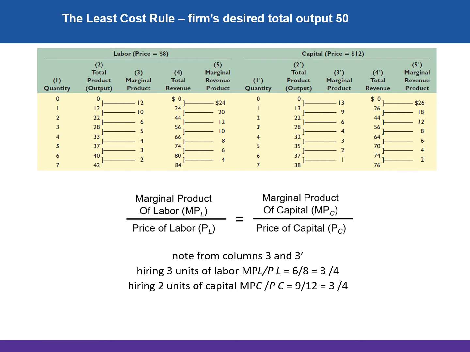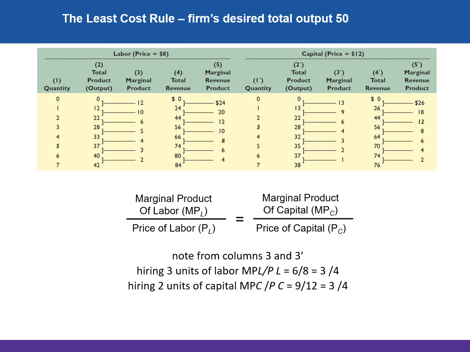This tells us the level of output associated with the labor input and the level of output associated with the capital input respectively. Notice that the firm hires 3 workers, they produce 28 units of output. And if the firm hires 2 capital, the 2 capital yields an additional 22 units of output. 28 plus 22 equals 50.